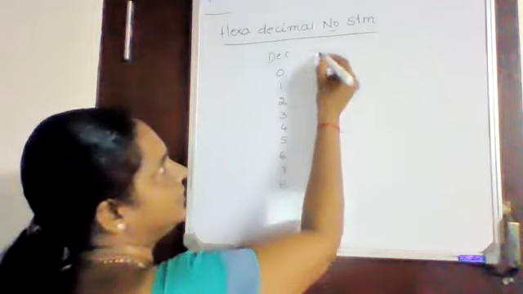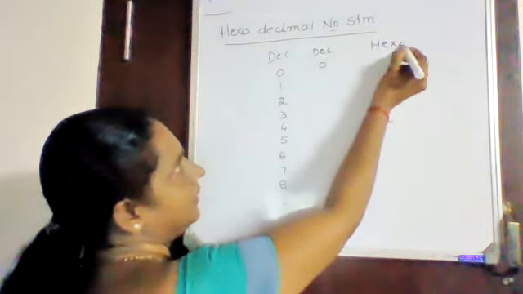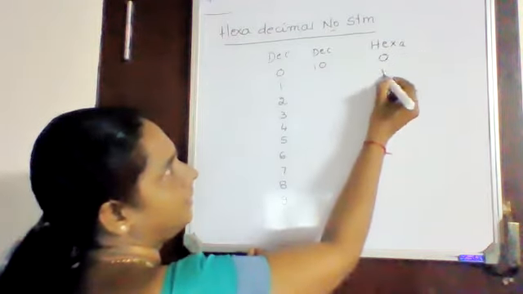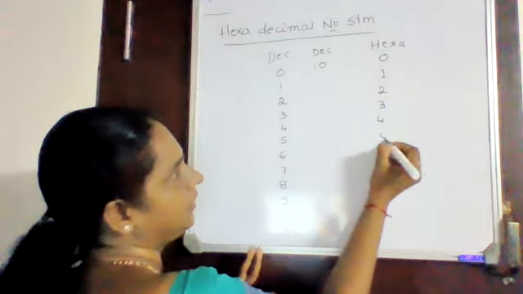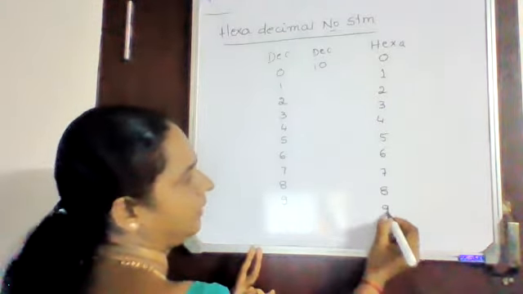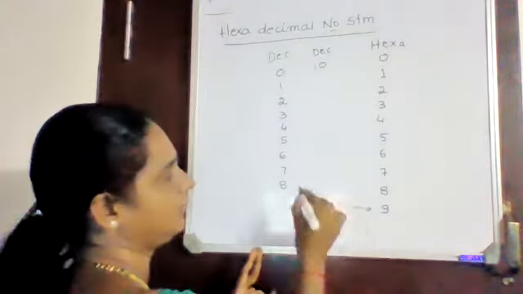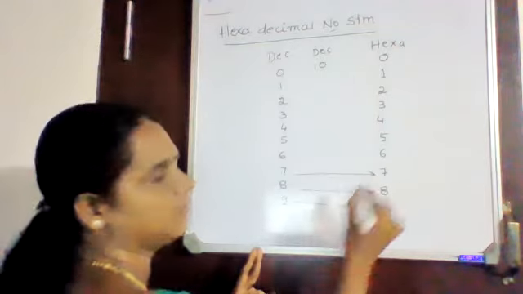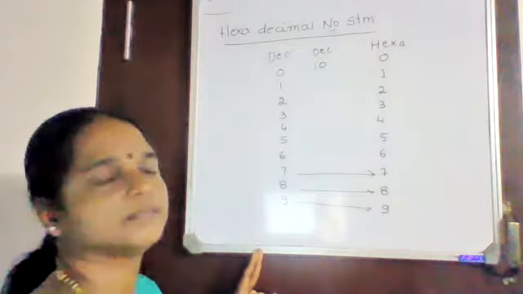I'll write 10 here, this is decimal again, and the equivalent hexa here. For 0, it is 0 only. 1 only. 2, 3, 4. They are all similar up to 9. For 9 it is 9, for 8 it is 8, for 7 it is 7. Similar to the decimal number system.